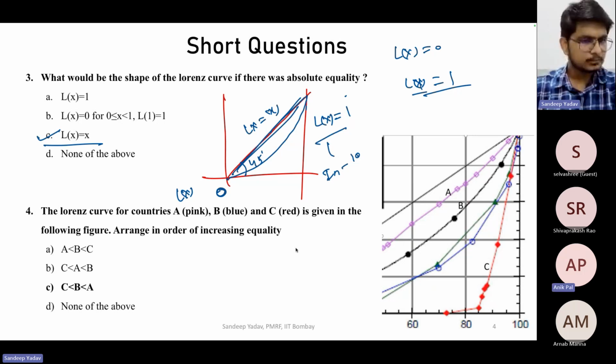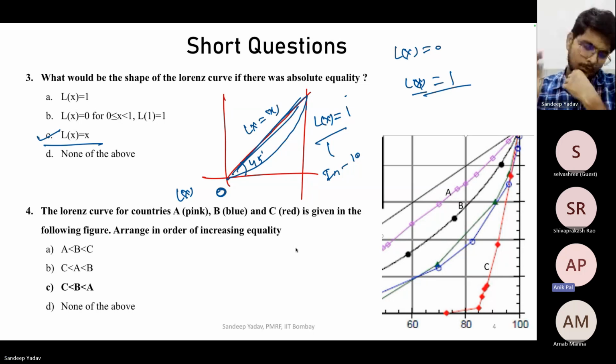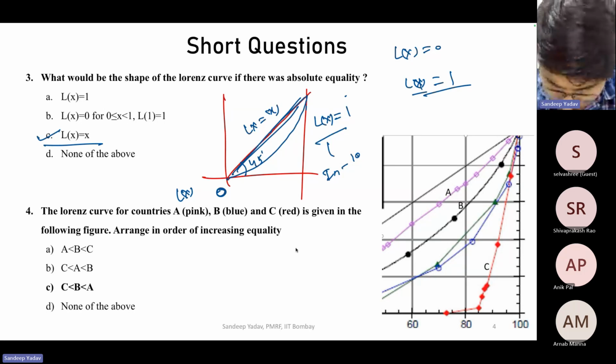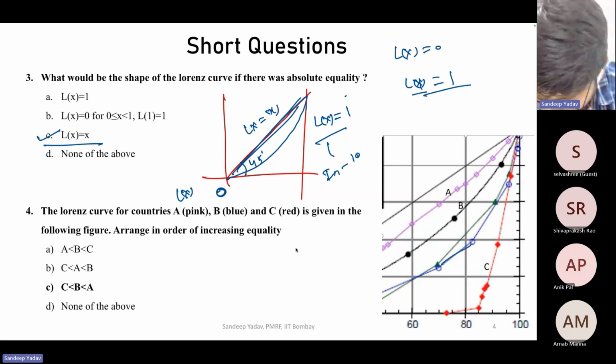Yes, sir. The combination of these three lines gives a triangle. So is the area formed under this triangle an additional quantity? Yeah, you're right. If you calculate the Lorenz curve, ideally it is a curve like these dotted points.